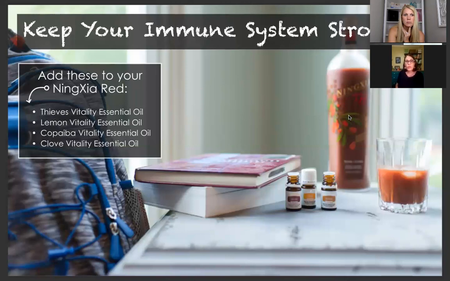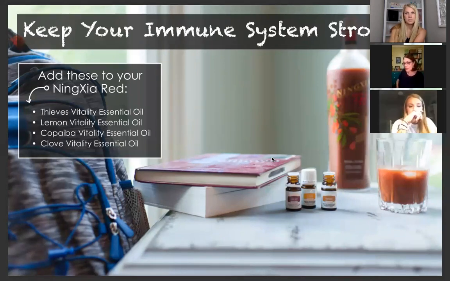So flipping the roles a little bit, instead of you teaching the students, I want you to be the student and do a little research about how copaiba is a kind of magical oil, and see what you can find out about Young Living copaiba. But Copaiba Vitality also comes in the premium starter kit. So you're beginning to see a pattern of which ones are going to be in the kit when you order it.